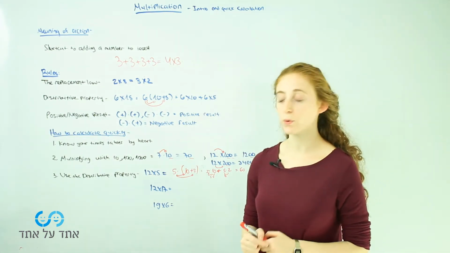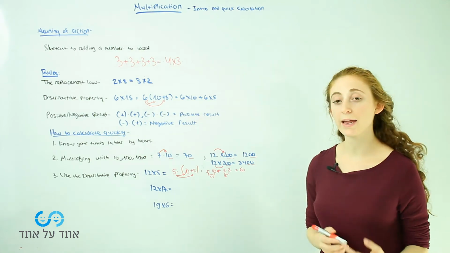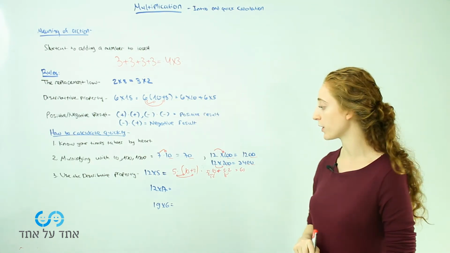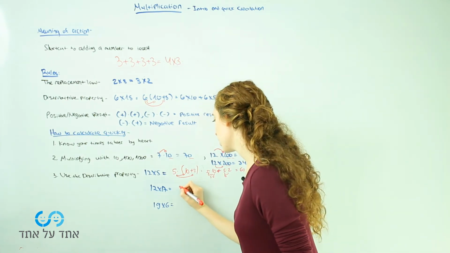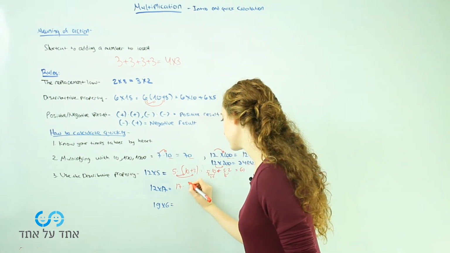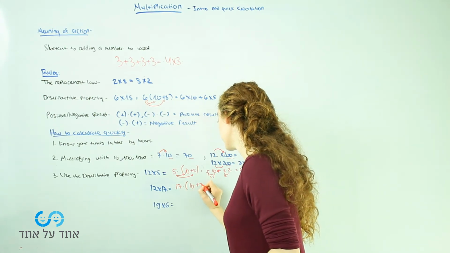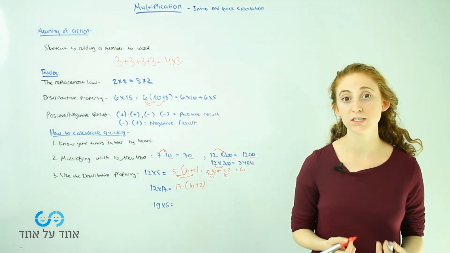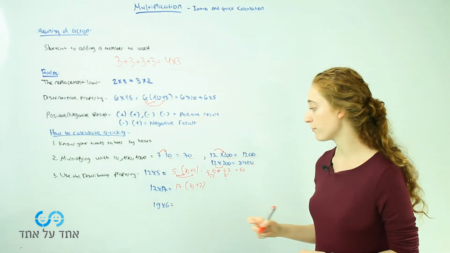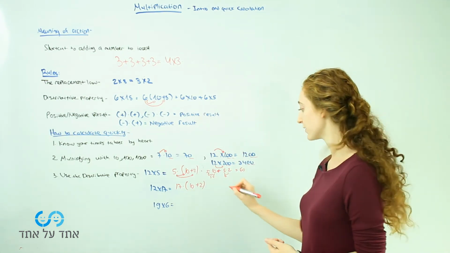Let's take another example, 12 times 17. Again, I can break it up. I can choose only one number to break up. So let's say I do 17 times 10 plus 2. Again, this makes it a lot easier for me to do the calculation. 17 times 10, just like we saw before, is 17 times 1, plus I add the 0.